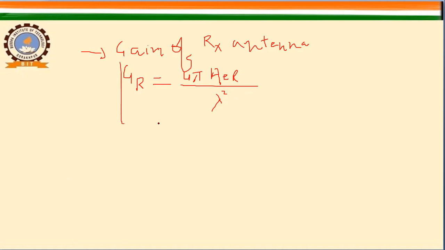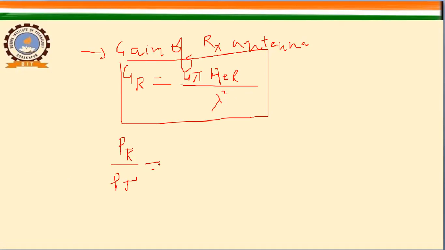So putting these terms, power of receiver to the power of transmitter in the equation in terms of effective antenna, it becomes the gain of transmitter and receiver product, the product of transmitter and receiver gain, and 4 pi d upon lambda whole square.